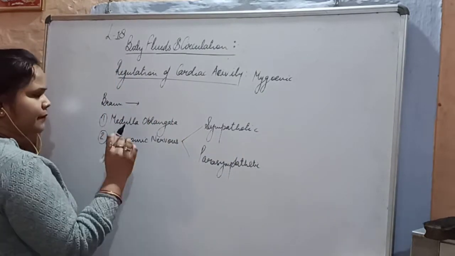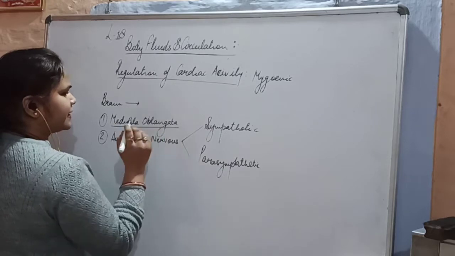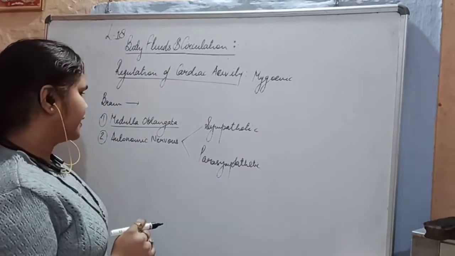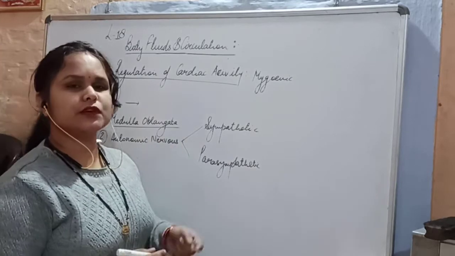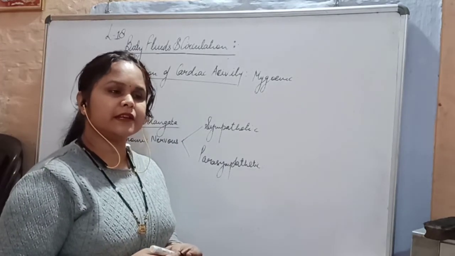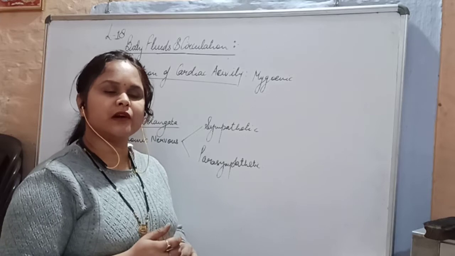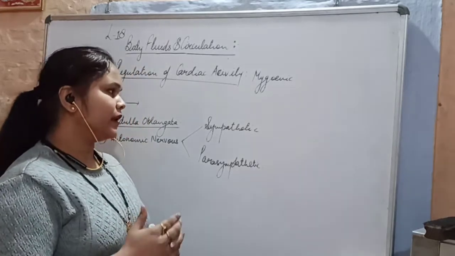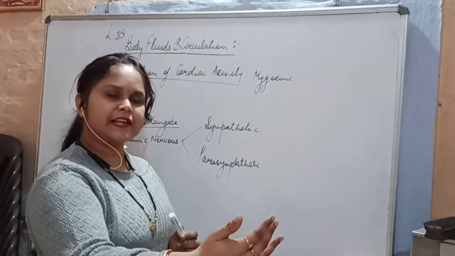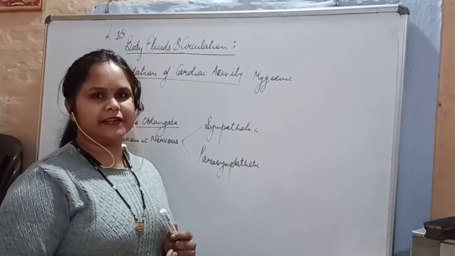So the one important thing which will regulate our heart activity is the medulla oblongata, and the next is the autonomic nervous system. So what are these going to do? They are going to increase the ventricular contraction or the beating of the heart. Then it will either increase the cardiac activity or decrease the cardiac activity.